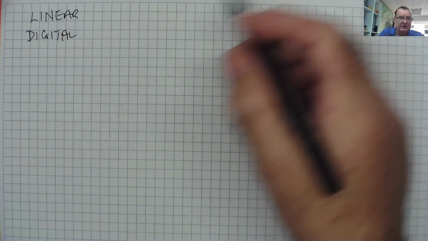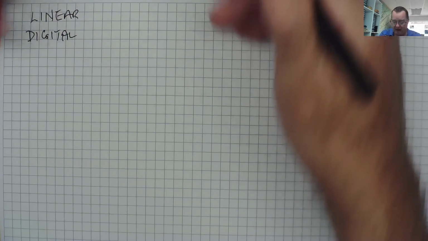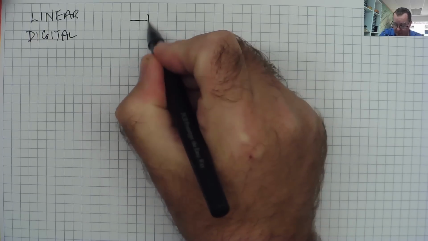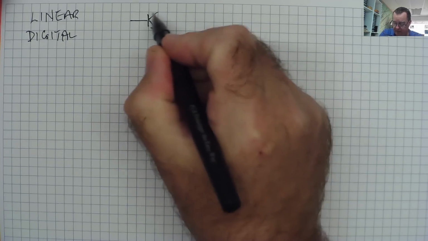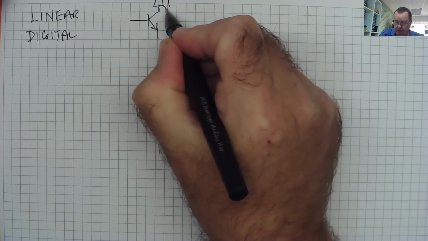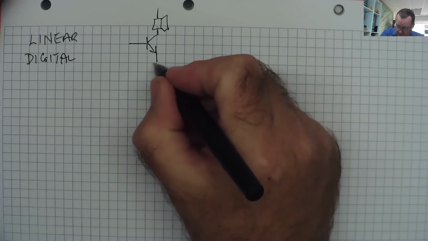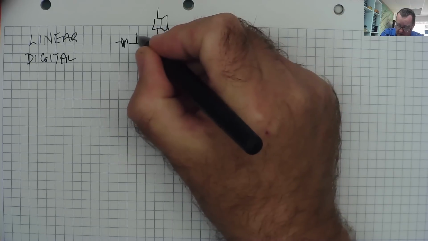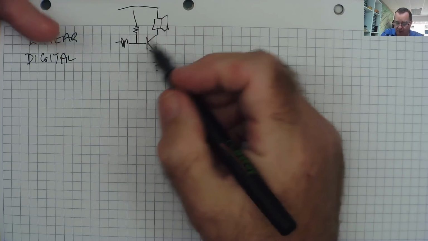So, for example, if we're amplifying an audio signal in a linear amplifier, we can have a very simple little circuit like this. Transistor amplifier, a speaker, ground, some resistors because we need them, and we can feed into here a linear signal.